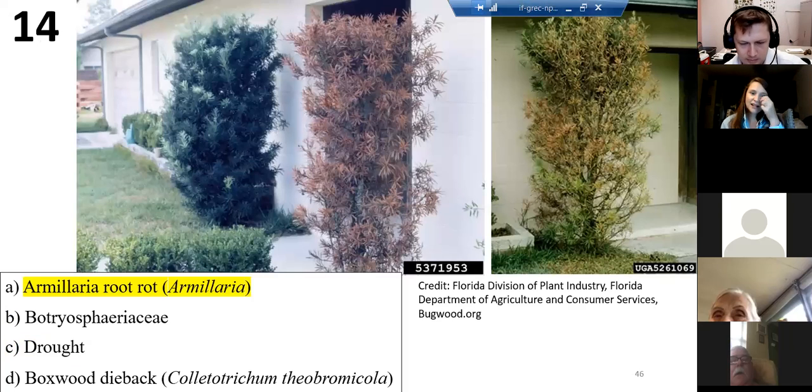Okay, how about the next one? This one was kind of tricky. We had more people go for the Botrytis. But is Botrytis a version? No, it's a different family actually.